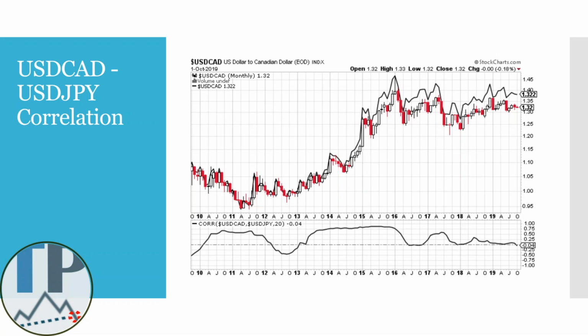Okay, so this lower correlation plot is something I would recommend for anybody who's looking to pairs trade to really pay attention to, because oftentimes just by eyeballing the two price lines, or in this case the black line of the dollar CAD and the candlestick price action of the dollar yen, it's basically not reliable enough to just look at the way those two price data patterns hug each other or stray from each other.